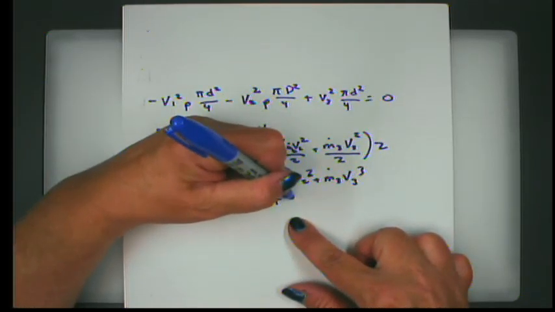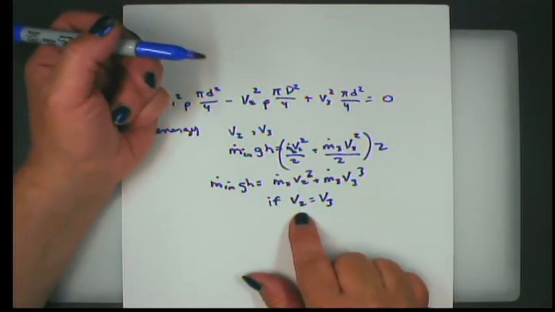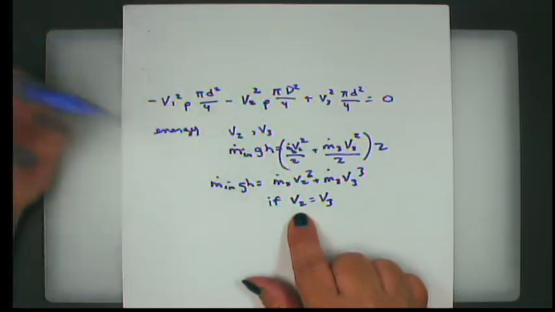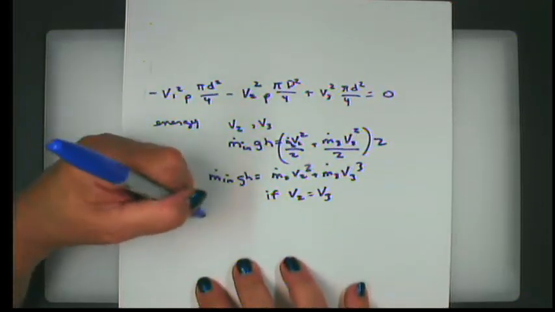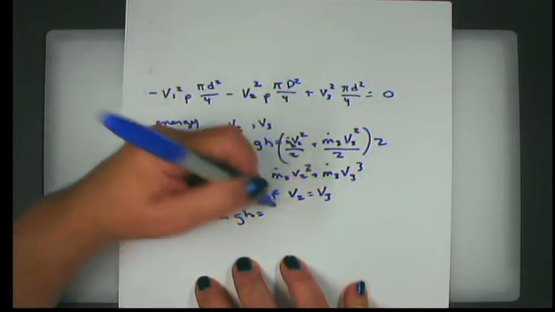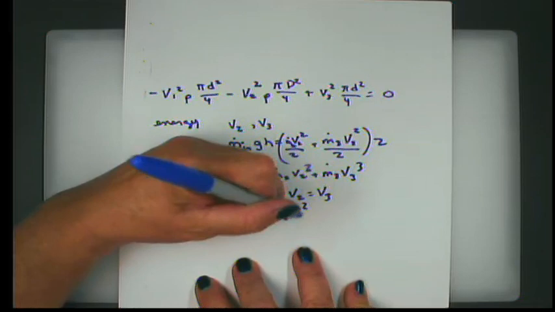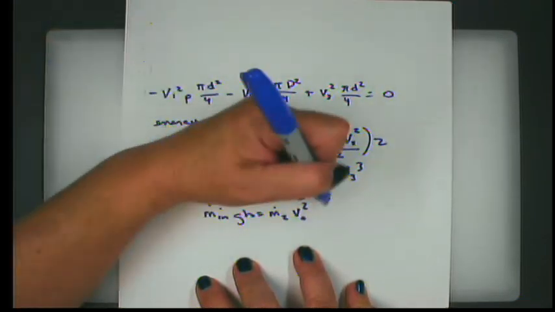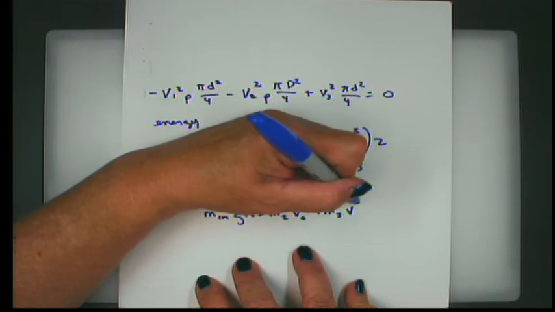And if V2 equals V3, which makes sense because they're on the same level and it all is a transformation of kinetic energy, we could say m dot in gh equals m dot 2 V squared out, let's just call it out, plus m dot 3 V squared out.